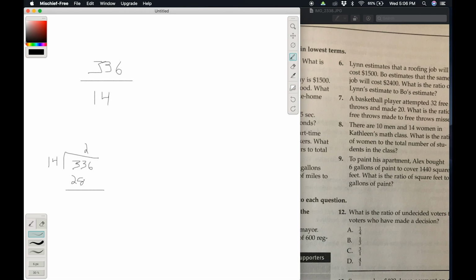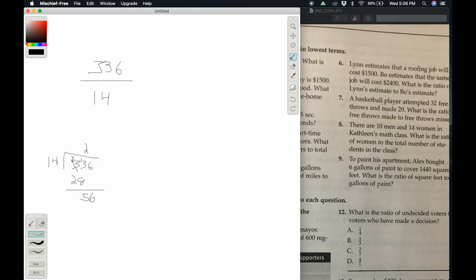Then 3 minus 8 does not work. Cross that out. Make that a 13. 13 minus 8 is 5. When we cross that out, it became a 2. So 2 minus 2 is 0. Okay. So we have 5 there. 14 goes into 5, not.